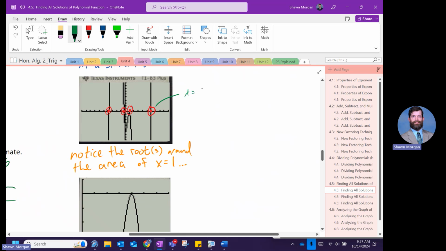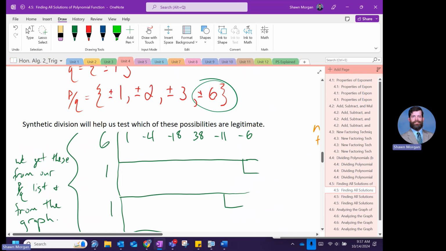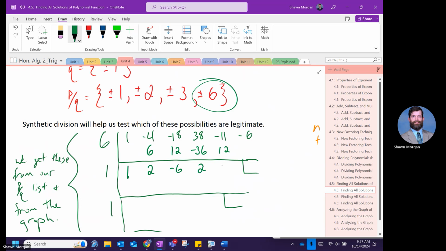So we're going to test that out. Okay, is 6 a root?